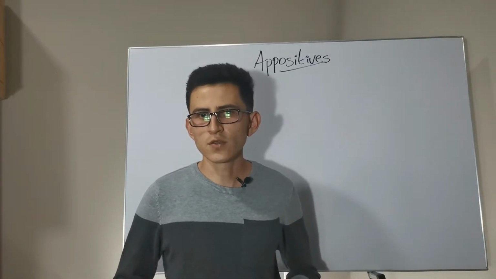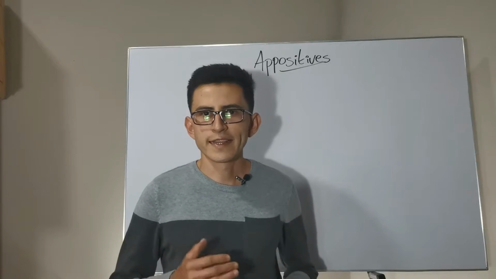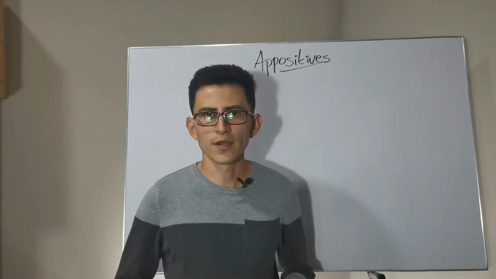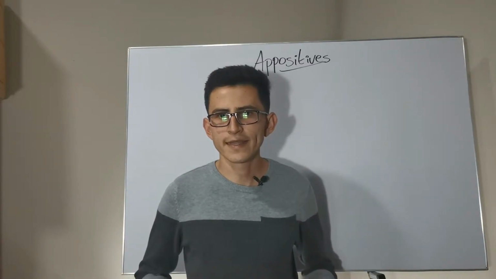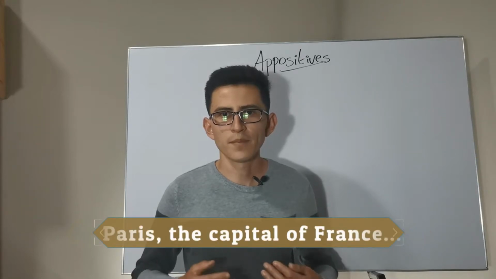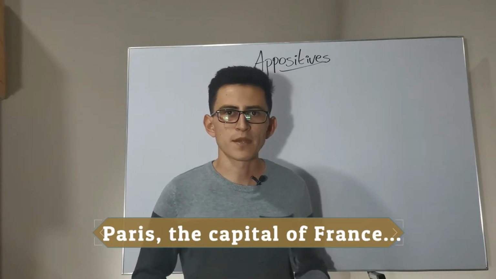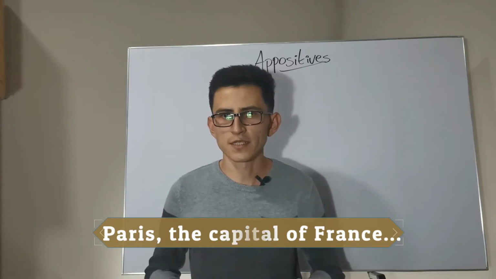Apposition is the use of a noun or a noun phrase right after another noun, and that noun refers to the same person or thing that is before it. Like in this example, Paris, the capital of France. The capital of France is in apposition to Paris.